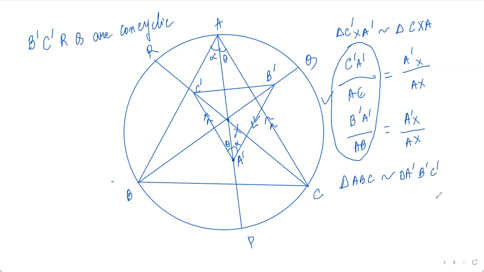Now, therefore, C dash B dash is parallel to BC, because those two sides are similar, so they must also be parallel.